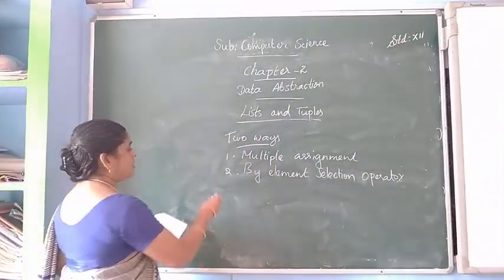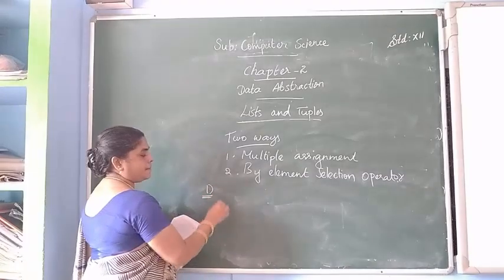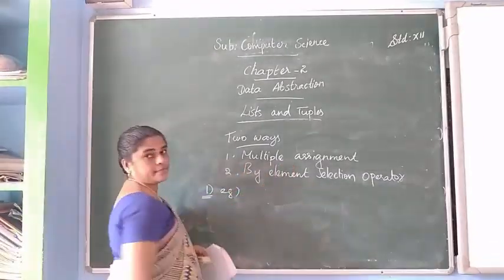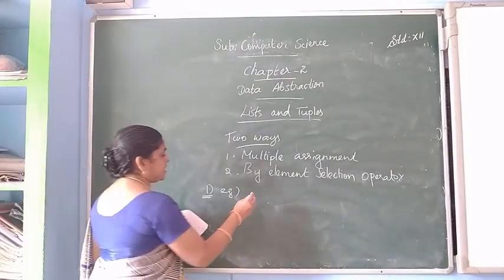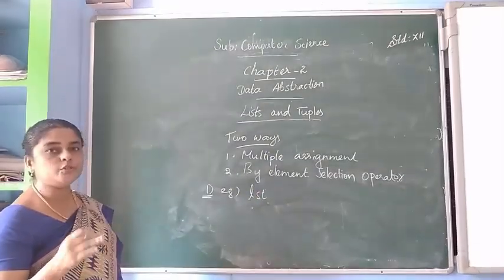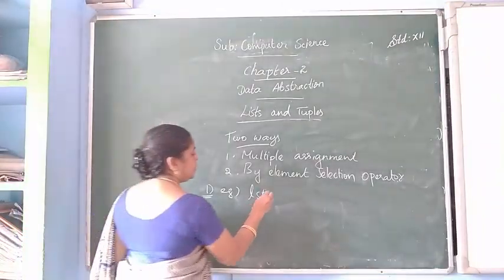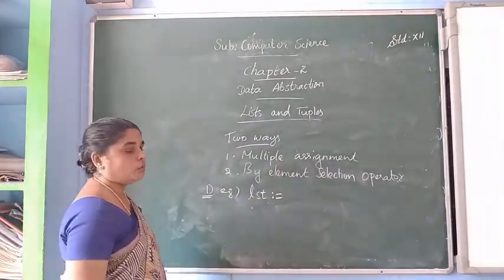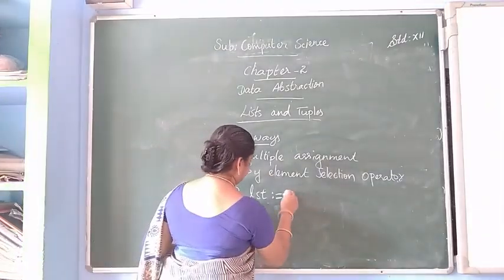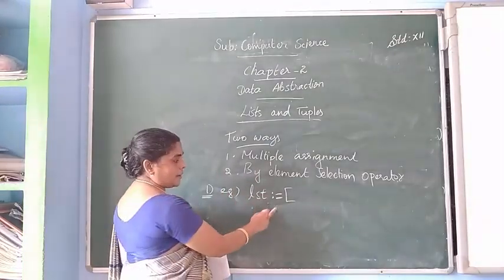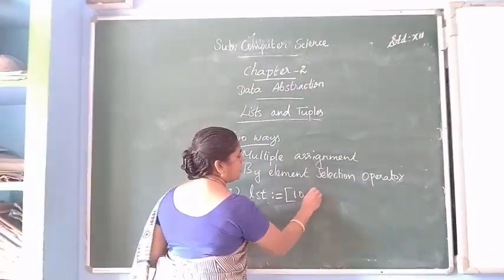Then, examples. For the first one, I am saying the example for list multiple assignment. The first example is LST. LST is the variable I have used for list. Then the assignment operator colon equal to, then within square brackets we have to write 10 comma 20.